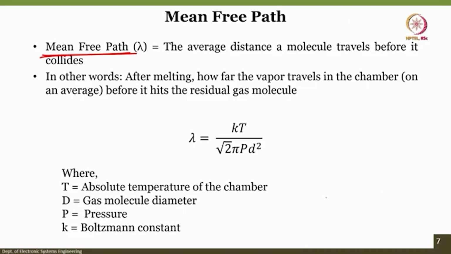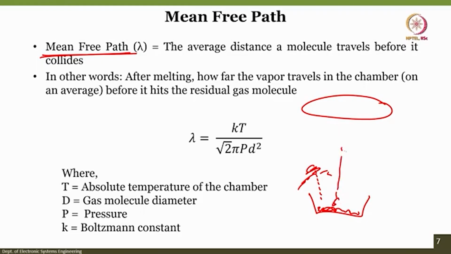So you have this boat and this substrate here; how far can the material travel before it collides with something and gets deflected, right? So the higher the mean free path, the better the chance of uniform deposition, right.